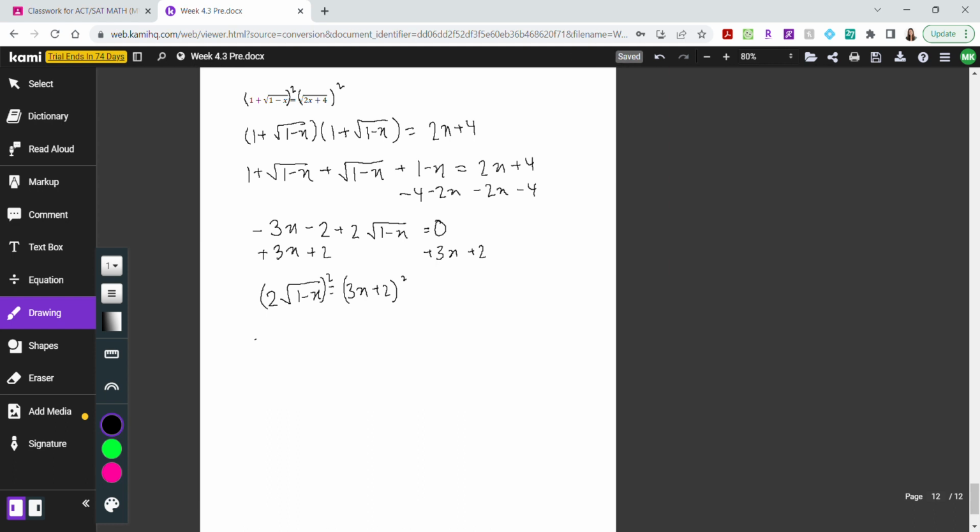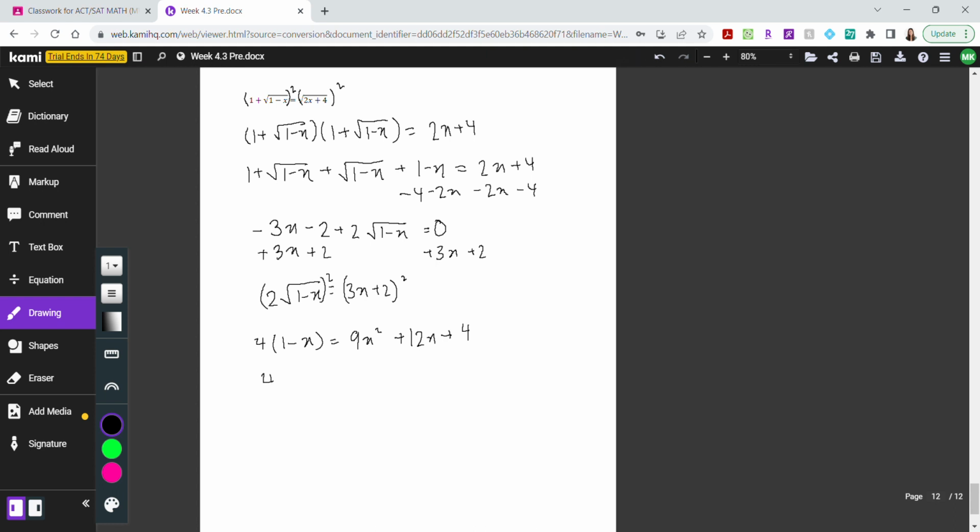Right, from here, we will get 4 times 1 minus x, because of this, equals, once I FOIL this, I know I'm going to get 9x squared plus 12x plus 12x plus 4.